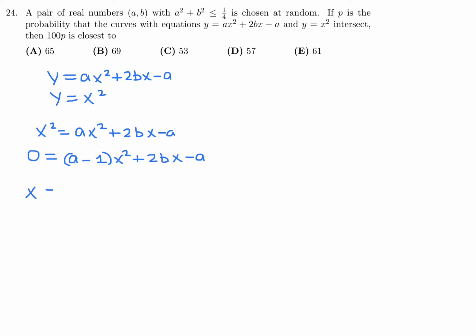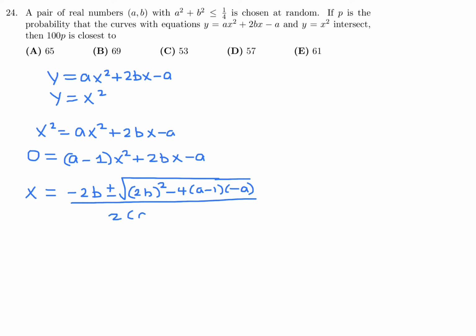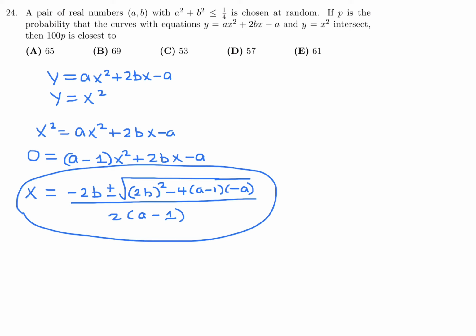So x would be equal to minus 2b, plus or minus the square root of b squared minus 4ac, all over 2 times a minus 1, in this case. Okay, so these are very interesting because this means basically that these two will intersect if this has some real solutions.